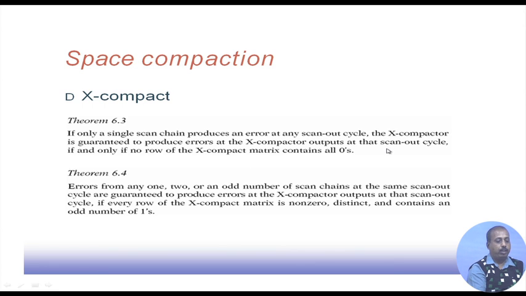So, the compacted output also will have a different value at that particular scan out cycle. So, it is true if only a single chain produces an error at any scan cycle.